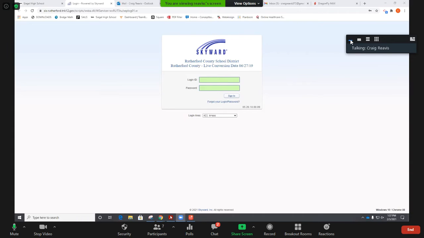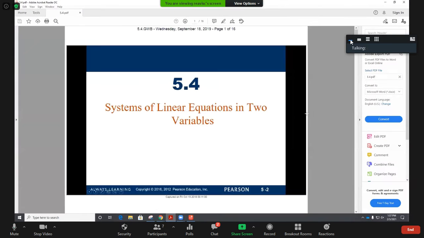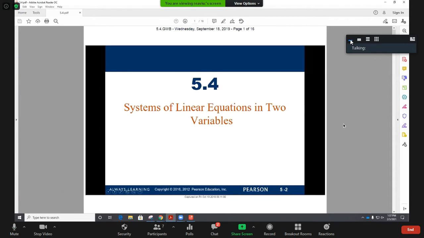All right, so here's what we've got going today. Let me hide that. All right, so we've talked about different ways to write equations. Today, we are going to talk about solving systems of linear equations in two variables.